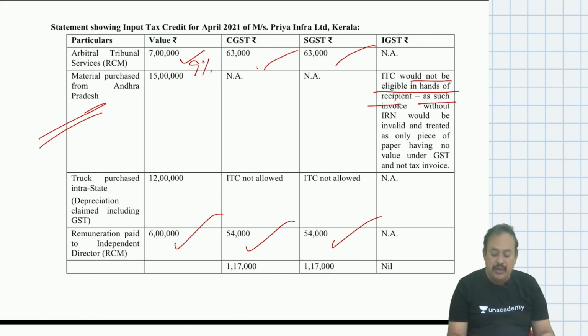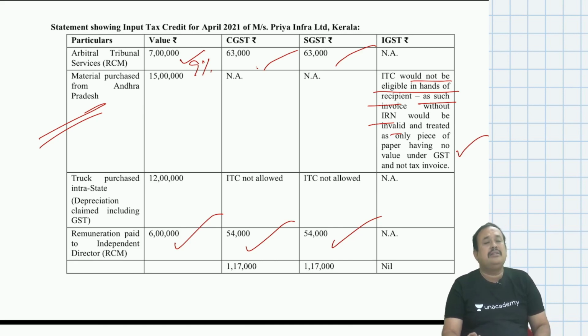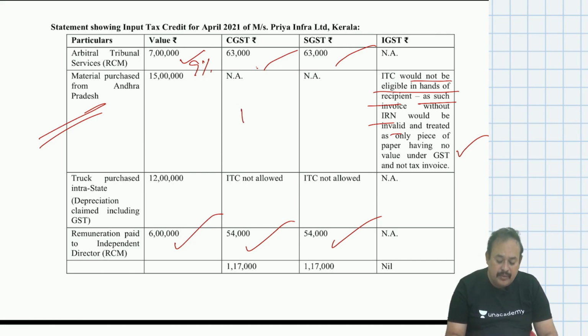An invoice without IRN would be invalid and treated as only a piece of paper having no value under GST, and no tax, therefore, is not a tax invoice. As a result, in the given case, ITC not allowed.